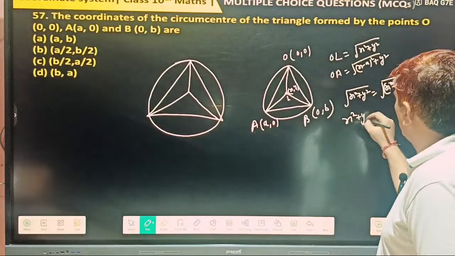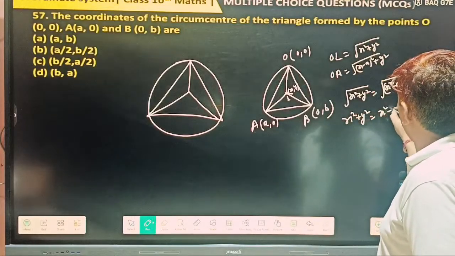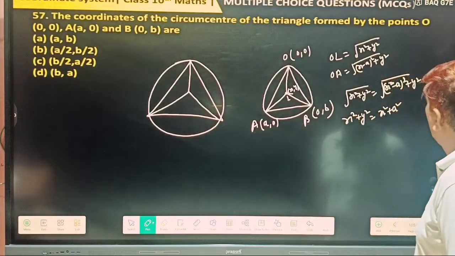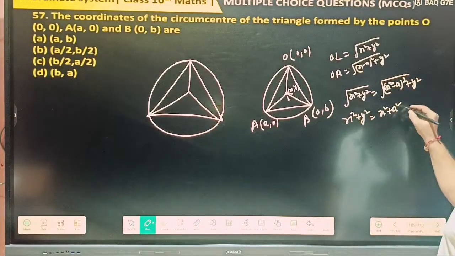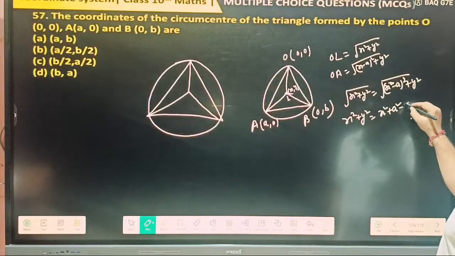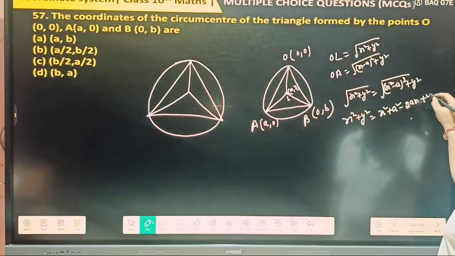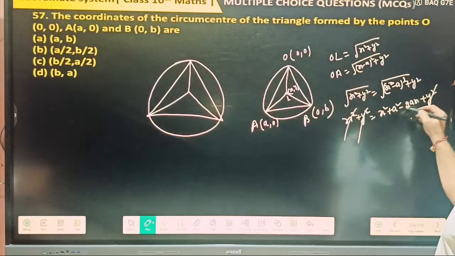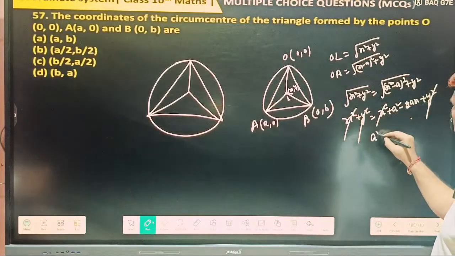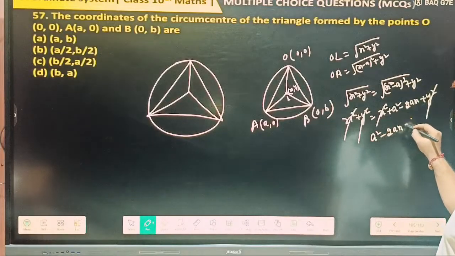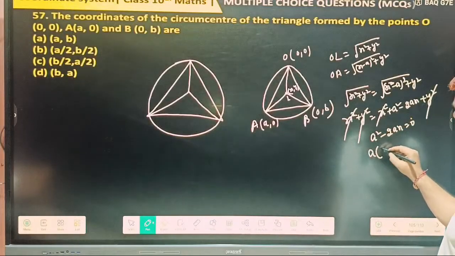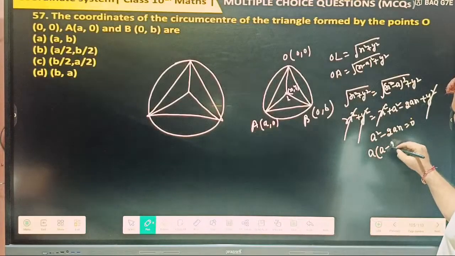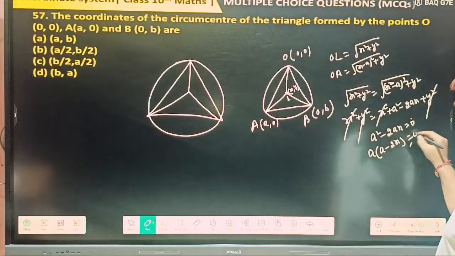So what is this? Squaring both sides. X square plus A square minus 2AX plus Y square. Cancel out. So A square minus 2AX is equal to 0. Take A common: A times A minus 2X is equal to 0.